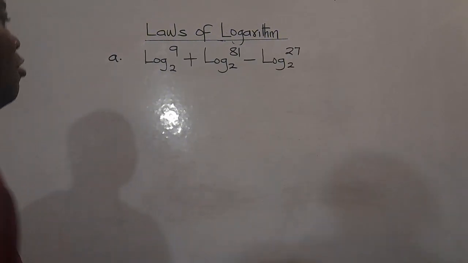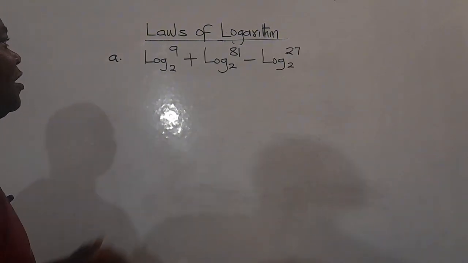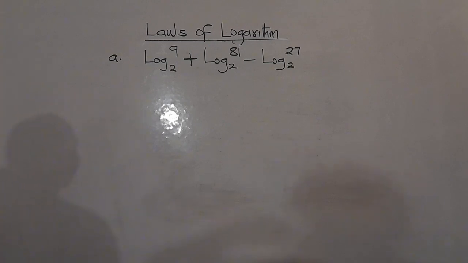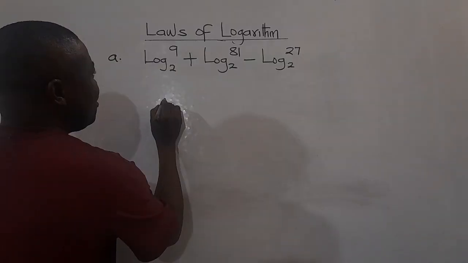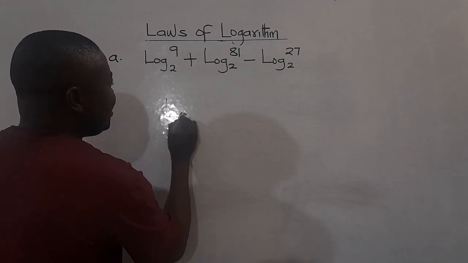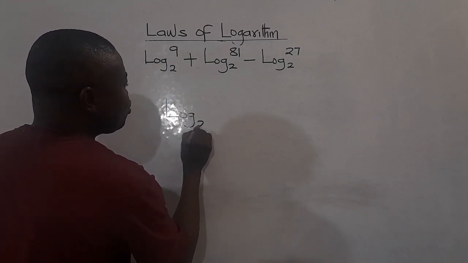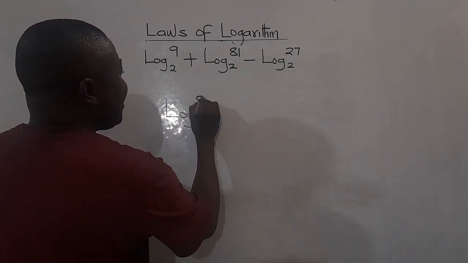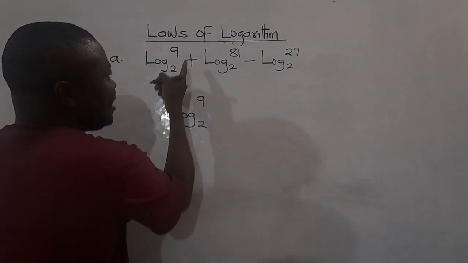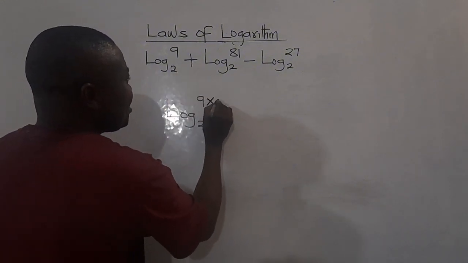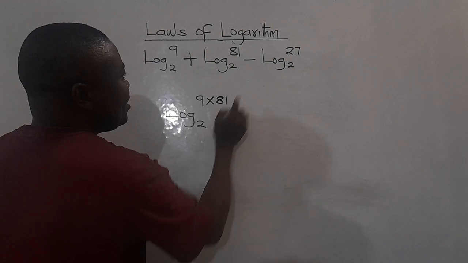Let's look at how these laws are applied. We have this: log 9 base 2 plus log 81 base 2 minus log 27 base 2. They all have the same base. So you bring them out, log base 2. This is 9. Addition here signifies multiplication, 81.